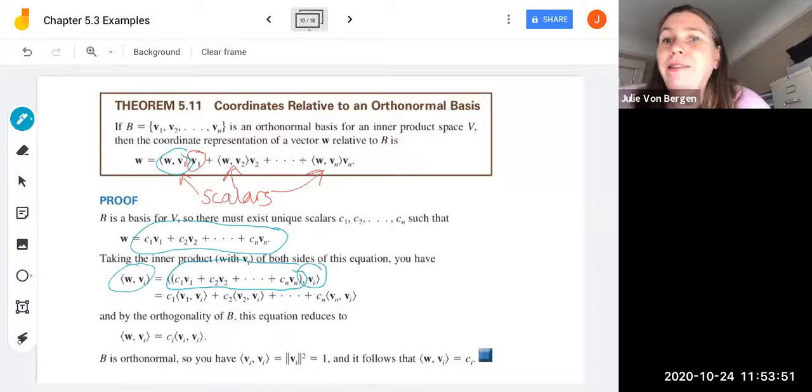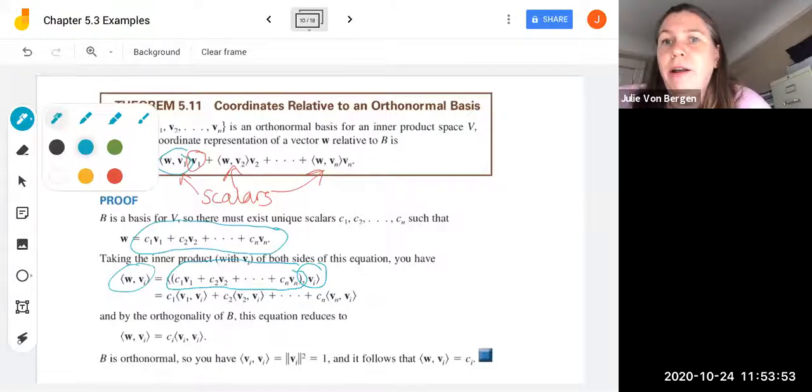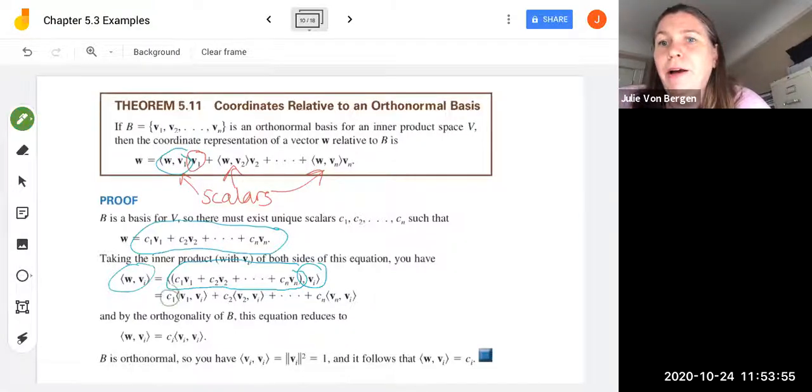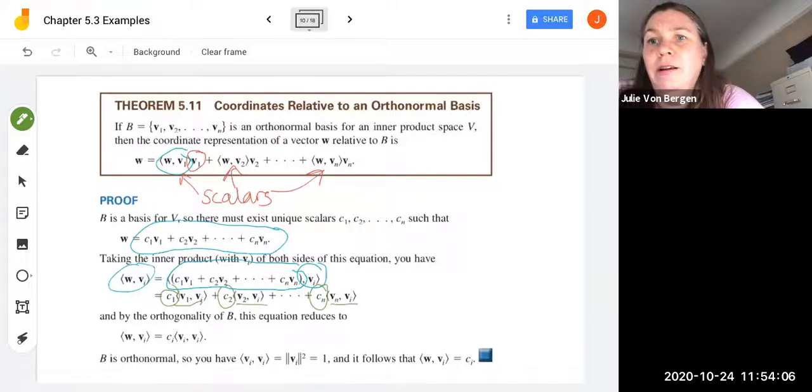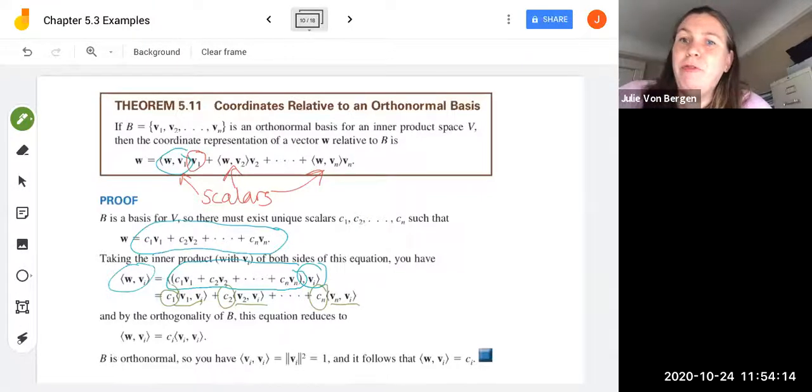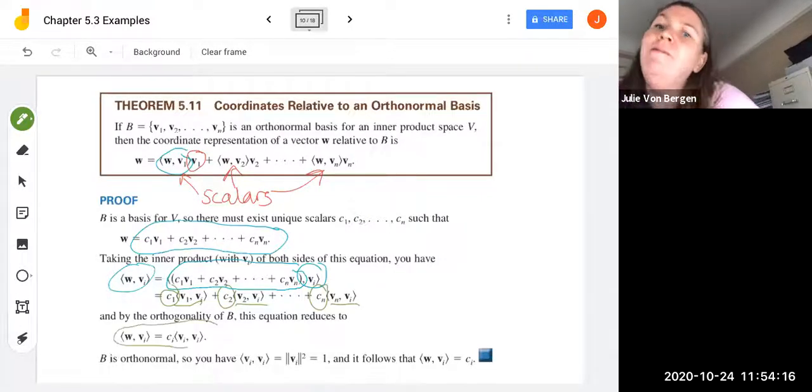And then we can pull the constants out, we know, by properties of inner products. So we can pull out C1, C2 all the way through Cn. And then we've got V1 inner producted with Vi, V2 inner product with Vi, all the way through Vn inner product with Vi. Because B is an orthonormal basis, these are all going to zero out except for when you've got Vi inner producted with itself.